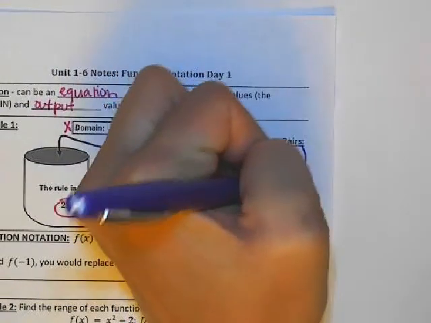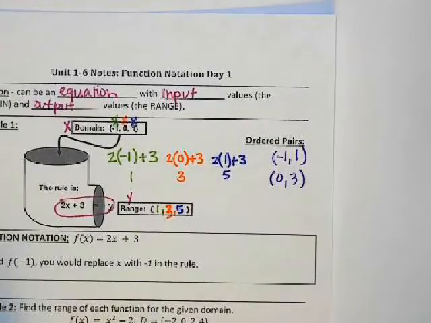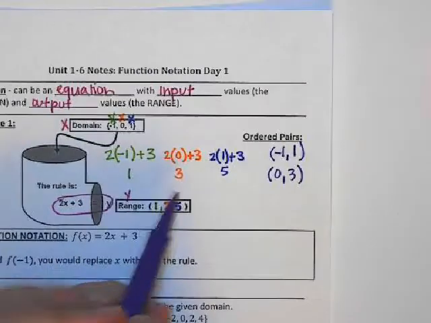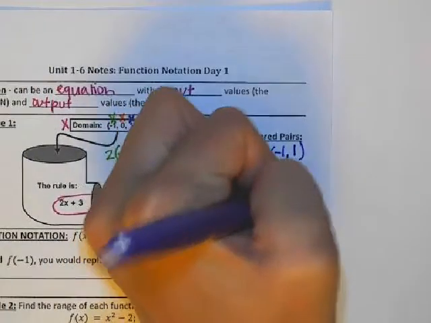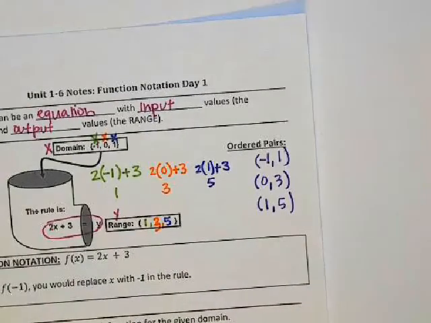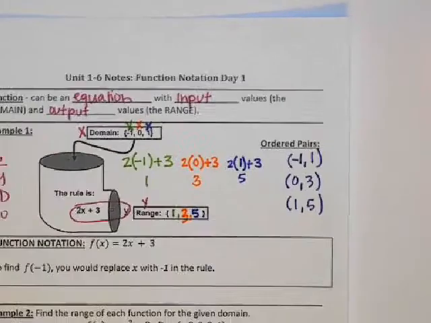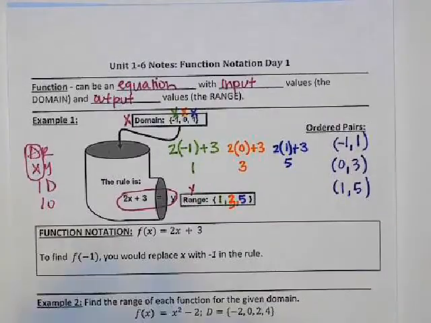So then I've got 0, 3. And then x is 1, y was 5. And there's my ordered pairs. So everybody make the connection of how those became ordered pairs. X and y go together, so those would be a dot on a graph together. Okay? Questions on this?